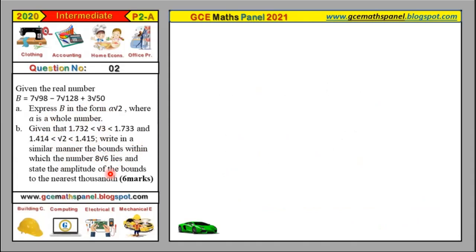So in this question, we begin with b equals root 98 minus root 128 plus 3 root 50. So the first thing, as we have just said, is to simplify the roots.